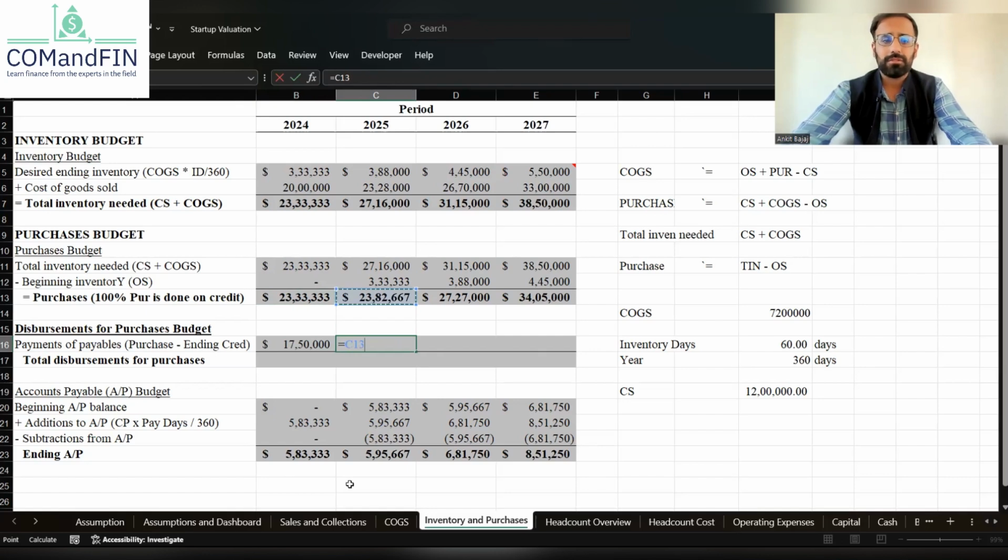Here, this is the total credit purchase, and the outstanding balance is 5 lakh 95,000. It means from the total credit purchase, you have not paid 5 lakh 95,000.